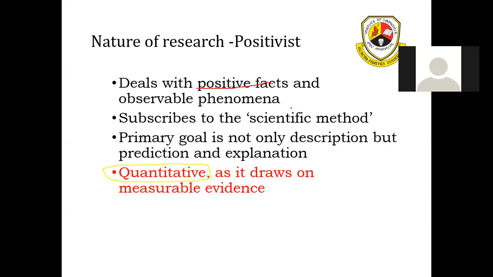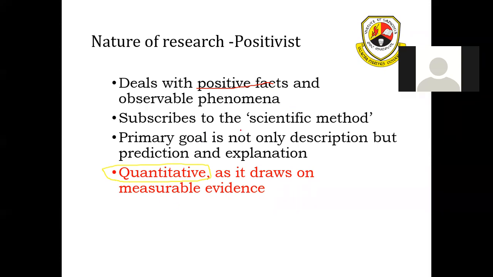Those are positive facts that we can attain from you. We can also look at maybe salary scale. What salary scale is normally attracted for this course unit? Things like that. Those are positive, observable phenomena.